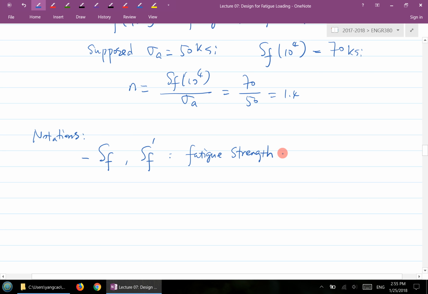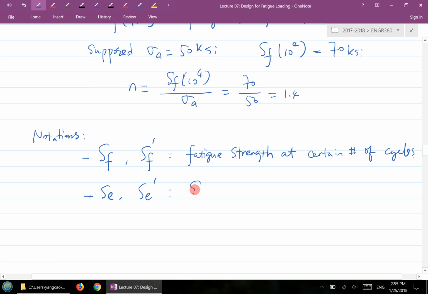It's the fatigue strength at a certain number of cycles. I'll explain the difference between the prime and non-prime symbol. Second, you have SE and SE prime.